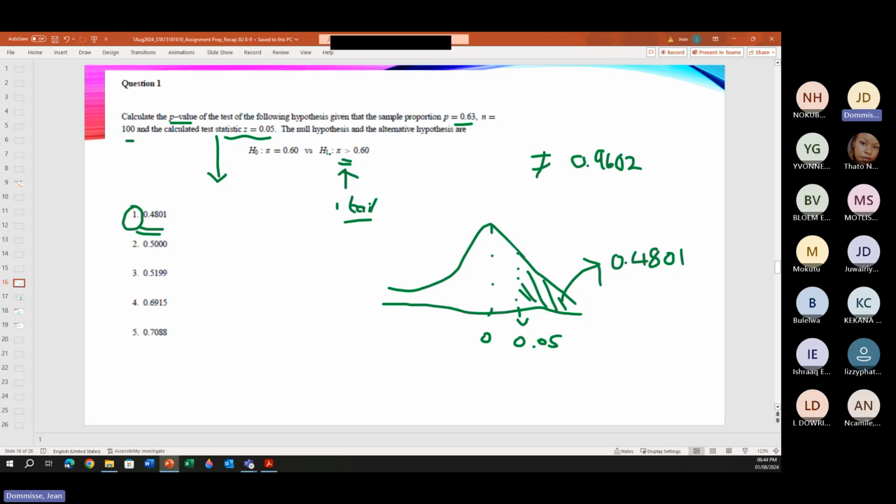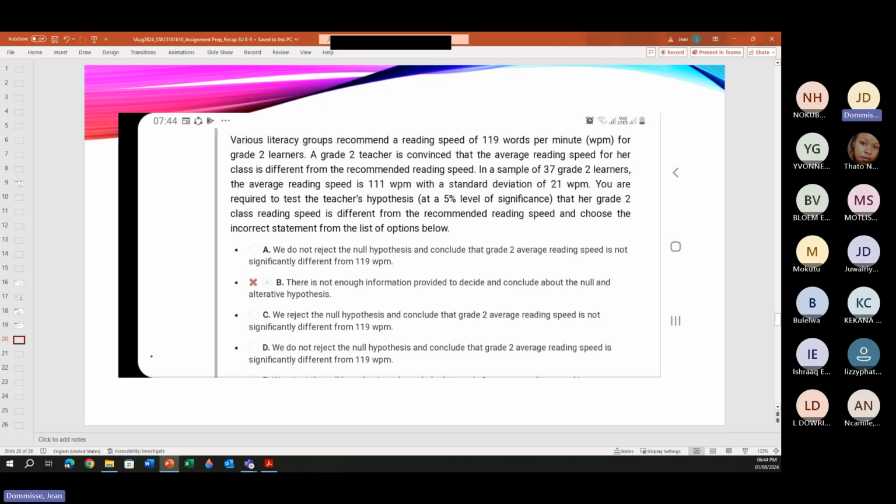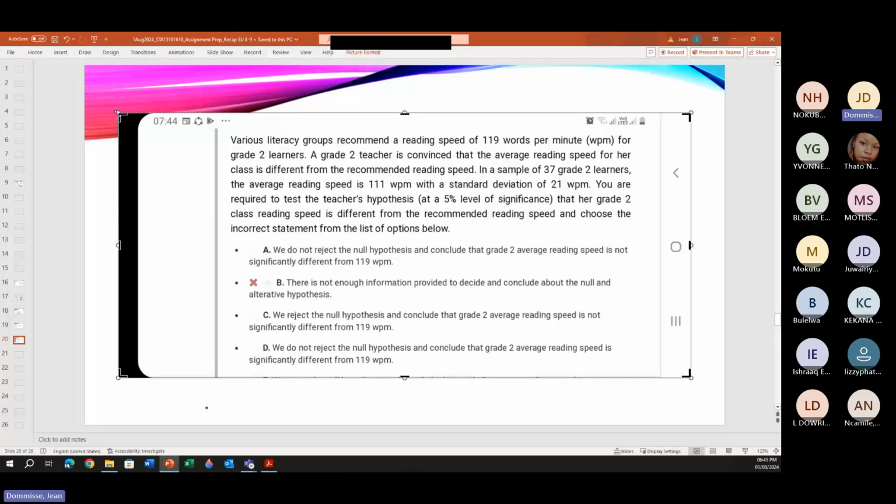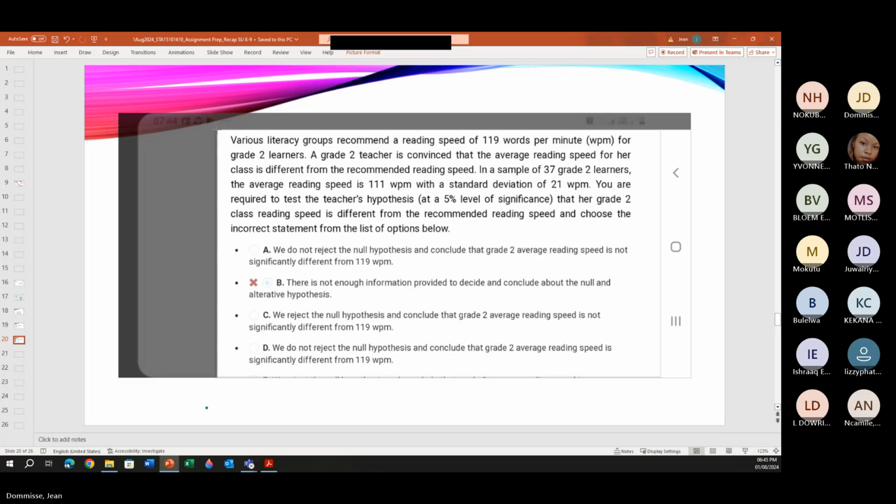That is the important thing out of hypothesis testing, the way that they structure the question, and what you need to know about accepting and rejecting the null and alternative hypothesis. I think there was one like this in your mock pack.